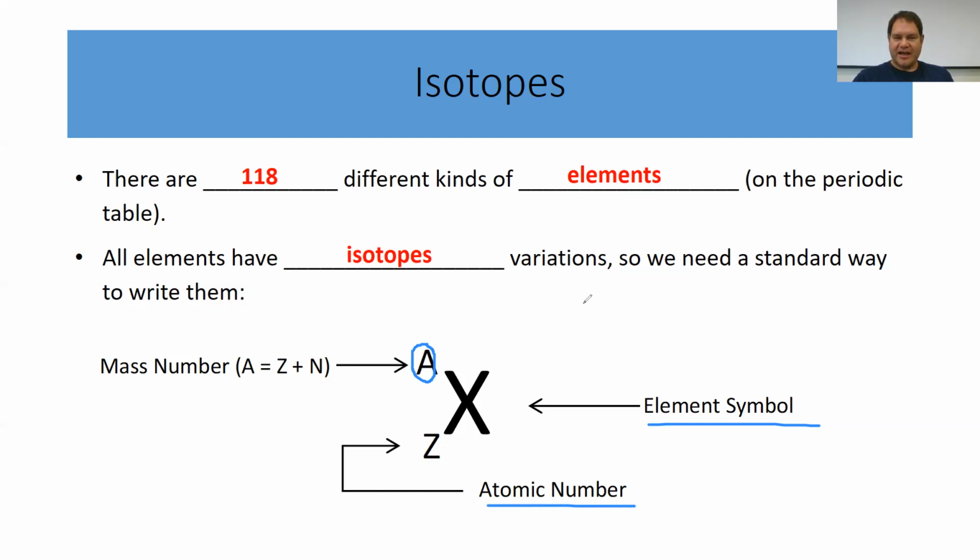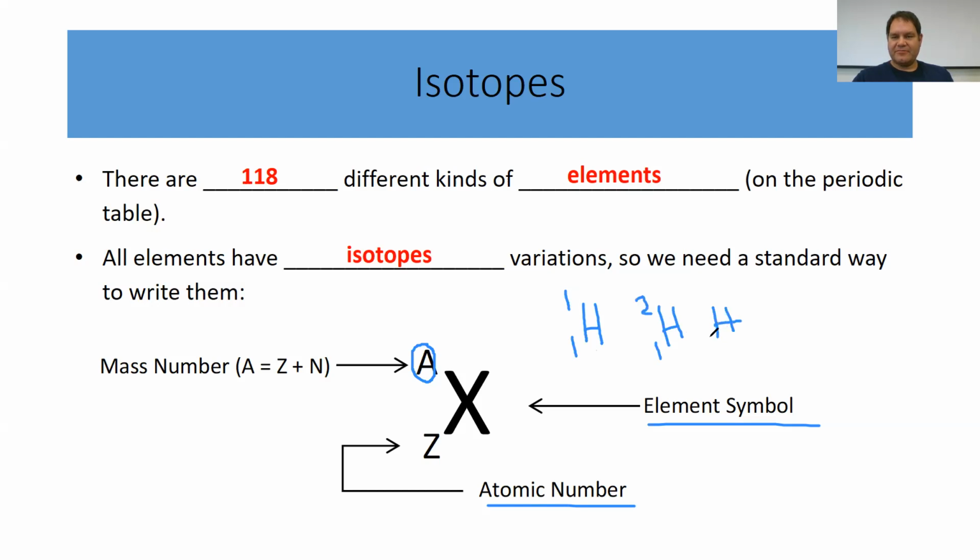So for instance, with hydrogen, we can put hydrogen. We know that has 1 proton, and then we saw that it had a mass of 1. Okay, so that would be hydrogen-1. Or we had another isotope, again with 1 proton, that was 2, hydrogen-2.